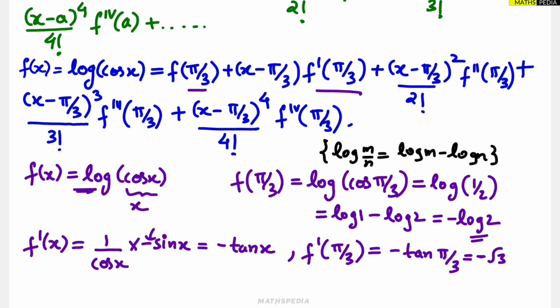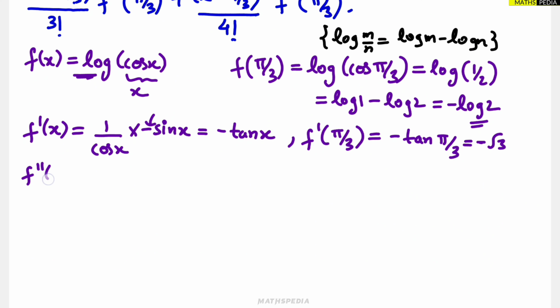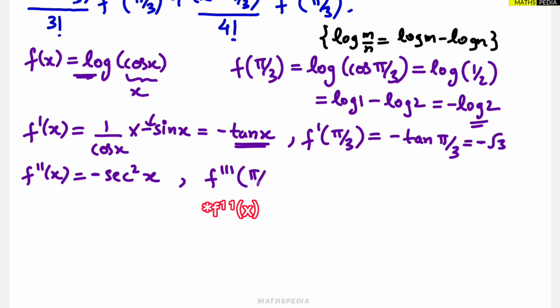Next we need to find f double dash of x. So this particular term we have to differentiate. Minus you keep it outside. Tan x differentiation is secant square x. Then we need to find out the value at pi by 3. So it will be minus secant square pi by 3. What is secant pi by 3? 180 by 3 is 60.